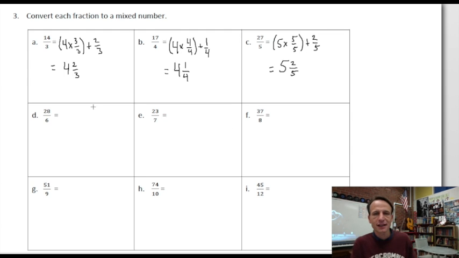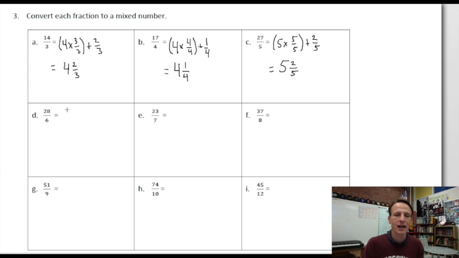And 28/6, skip count by 6. When I say that, we're really skip counting by 6/6, but I don't want to say 6 every time. So I could say 6/6, 12/6, 18/6, but instead I'm just saying 6, 12, 18, 24 is as far as I can go.